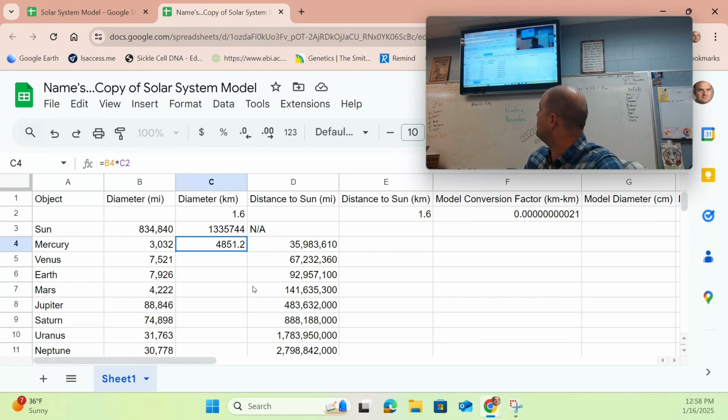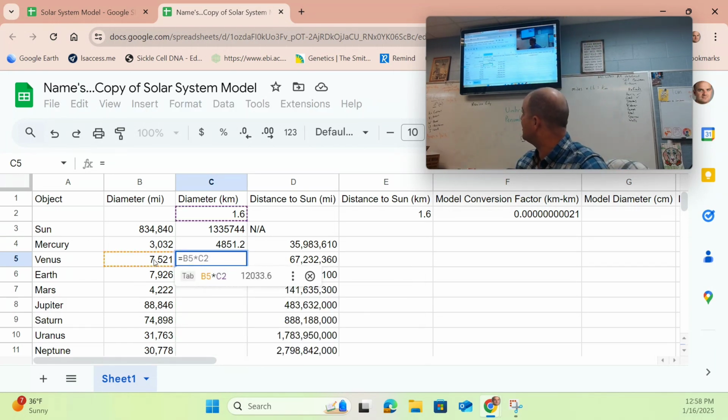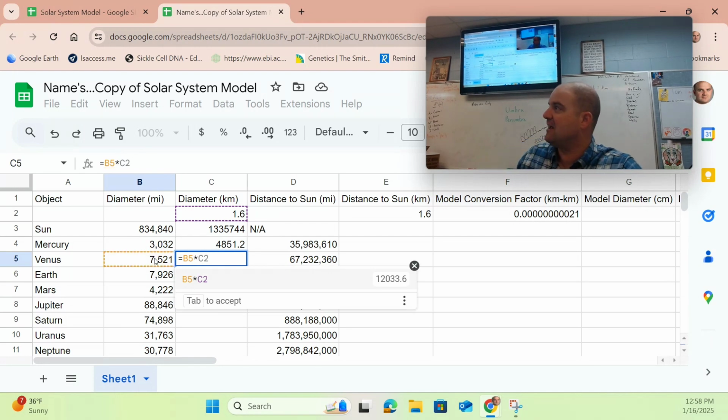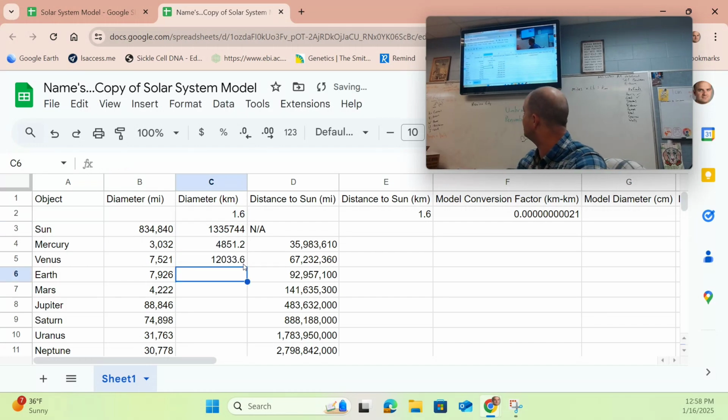Let me show you again. If I go to the next box down, I'm going to say equals. Oh, I forgot to. That's why. Then I'm going to click on the box I want to multiply first, Shift 8, times the other box I want to multiply by, and hit enter. But yeah, you've got to remember to hit equals first.